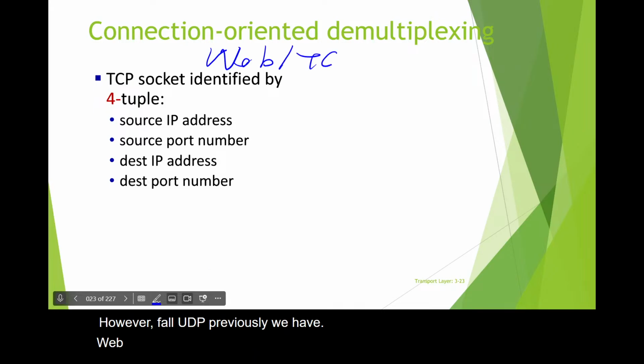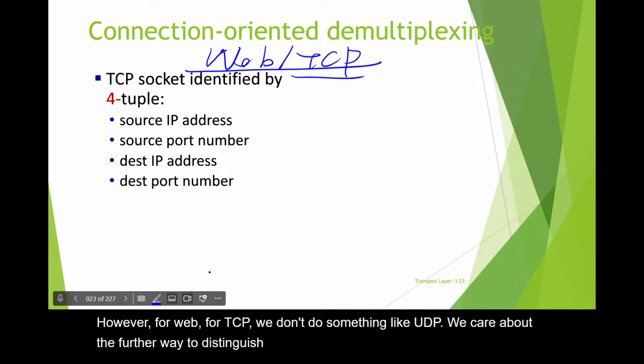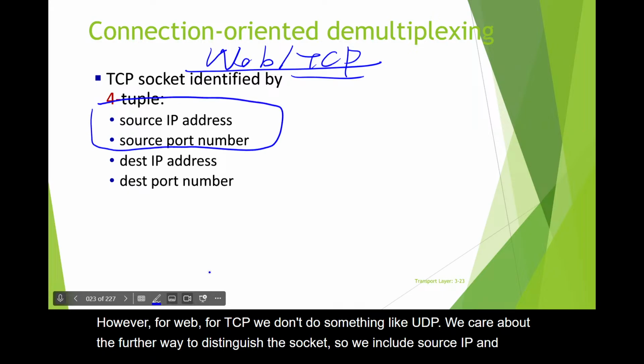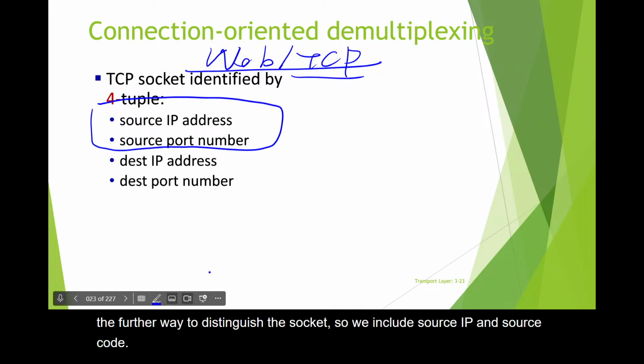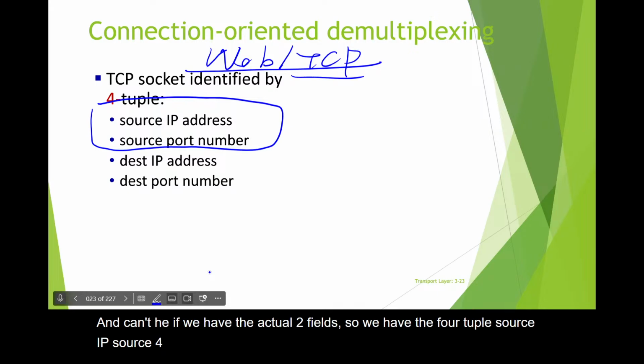And actually, web should be TCP. However, for web, for TCP, we don't do something like UDP. We care about a further way to distinguish the circuit. So we include source IP and source port. And currently, if we have the extra two fields, we have the full tuple: source IP, source port, destination IP, and destination port.